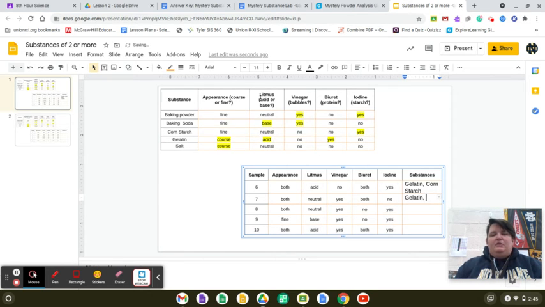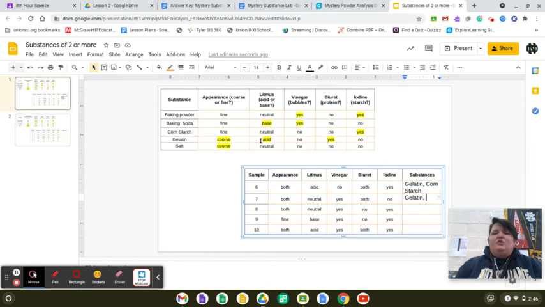Then, next thing we look at is its litmus test. The litmus right here says neutral. Now, neutral could mean that it's just neutral, so it could be one of these neutrals here: baking powder, cornstarch, salt. However, the gelatin throws a wrench in the situation. If you look at gelatin, its litmus is actually acid.